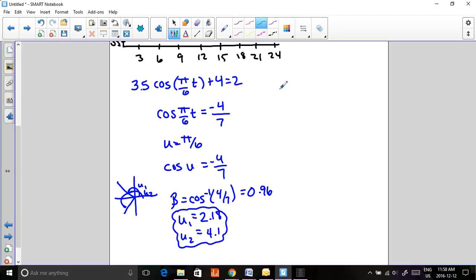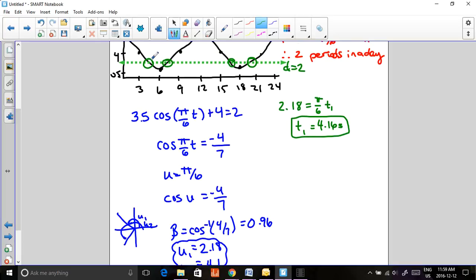So I'm just going to use a different color just to separate the concepts. So therefore we have 2.18 will be equal to pi over 6 t1. So then that gives us that t1 is equal to 4.16. Okay, and that, if we look up here, matches where it should be, right?